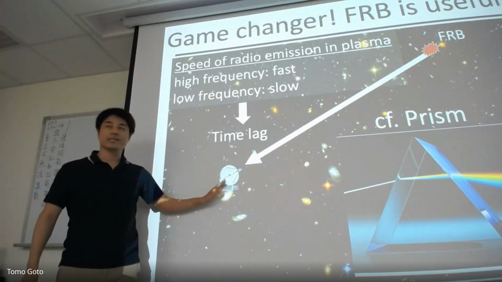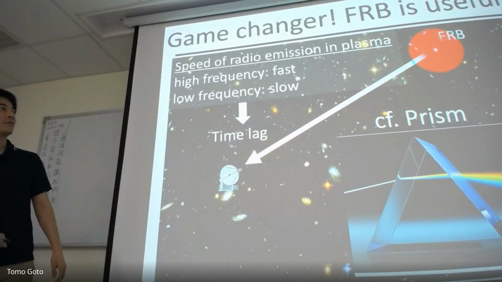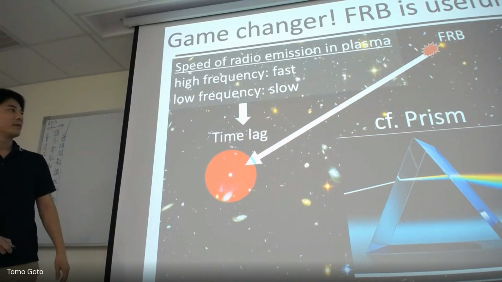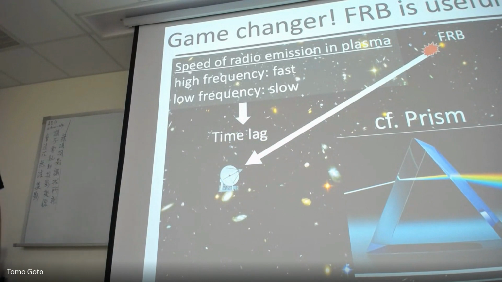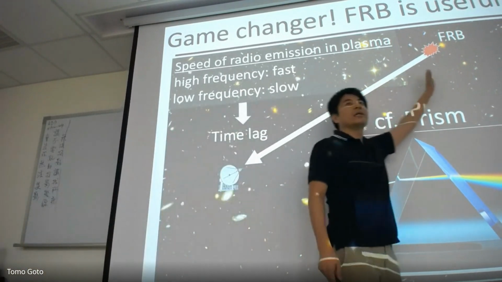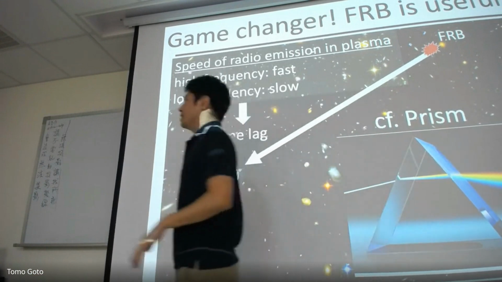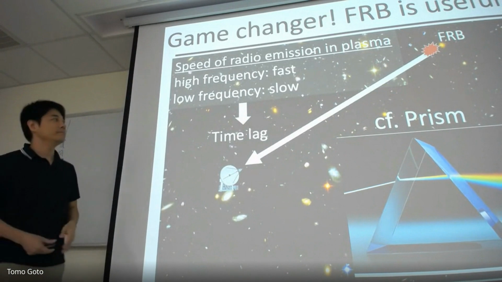Let's say we are standing here, in our galaxy. So radio emission propagates from here to here. What we expect in intergalactic space is that it is not completely vacuum. We expect there is a lot of plasma here.